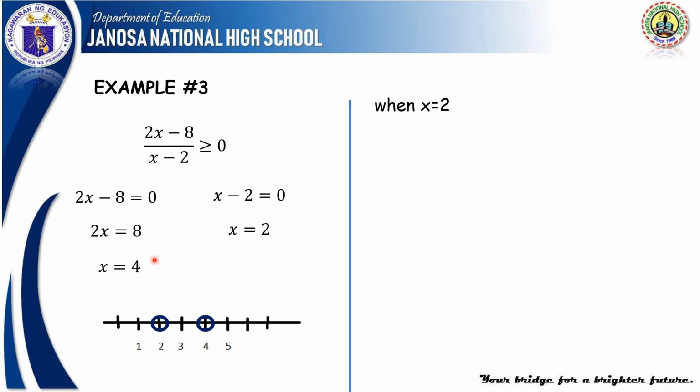So we will try first our critical value, which is 2. So we will get 2 times 2 minus 8 all over 2 minus 2 is greater than or equal to 0. As you can see, it gives us a denominator of 0.